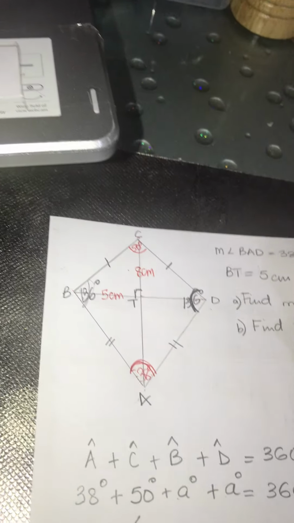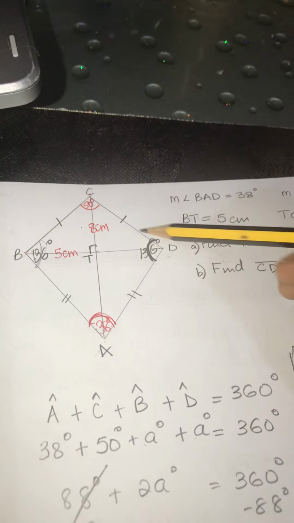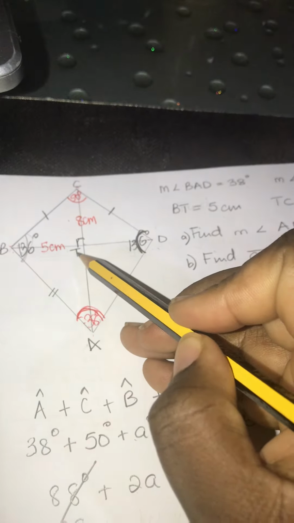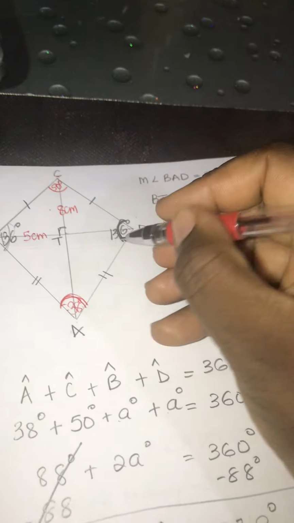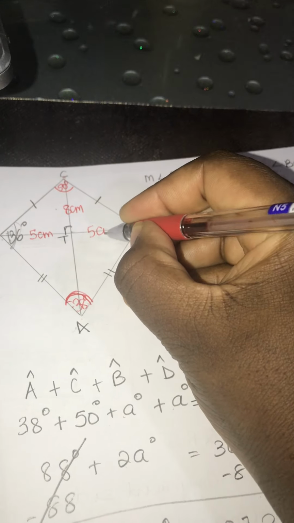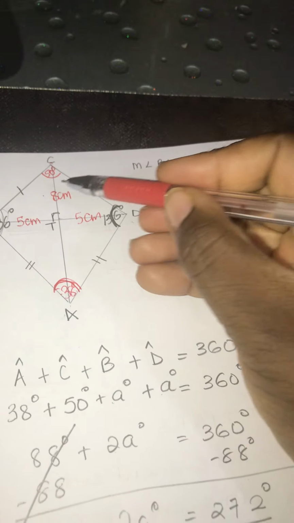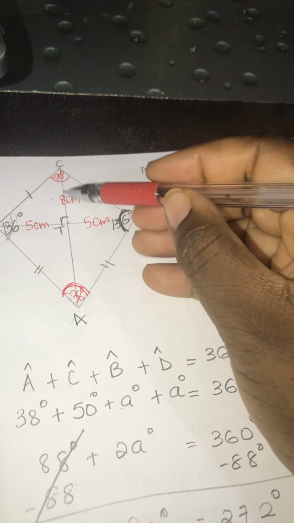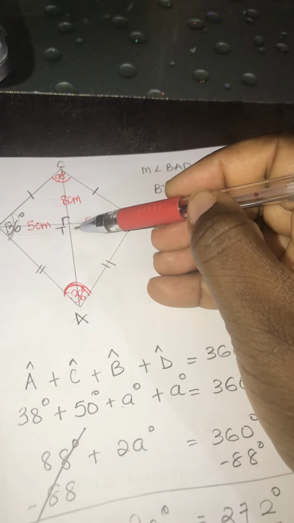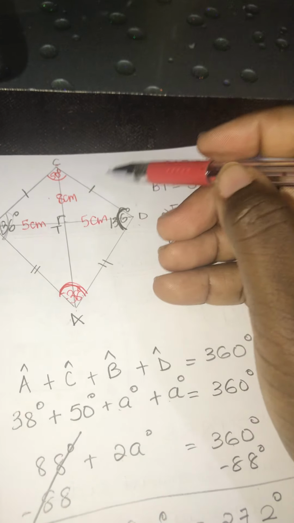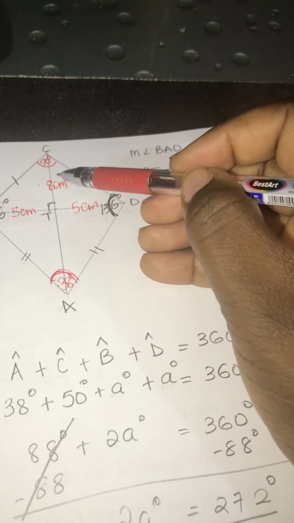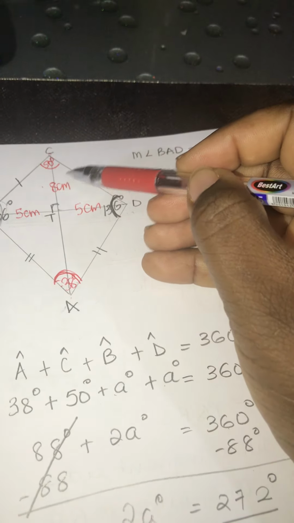Now they want me to find CD. If this is 5 centimeters, this should also be 5 centimeters. Okay? So now I need to do the Pythagorean Theorem to find CD.